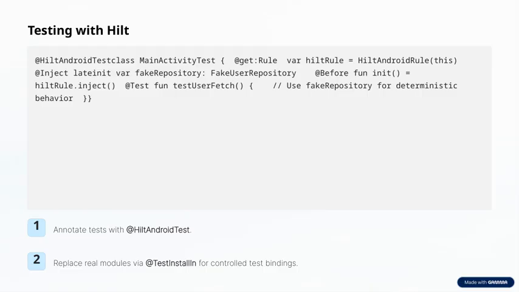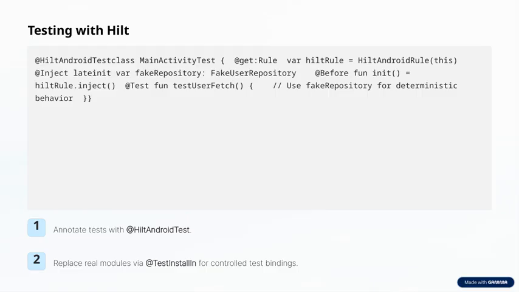Next, we have the @Inject annotation on a fake repository, like FakeUserRepository. This allows us to inject a mock or fake version of a dependency, giving us control over its behavior during testing. It's a key part of creating deterministic, reliable tests. Before each test runs, we call hiltRule.inject() in a setup method marked with @Before.